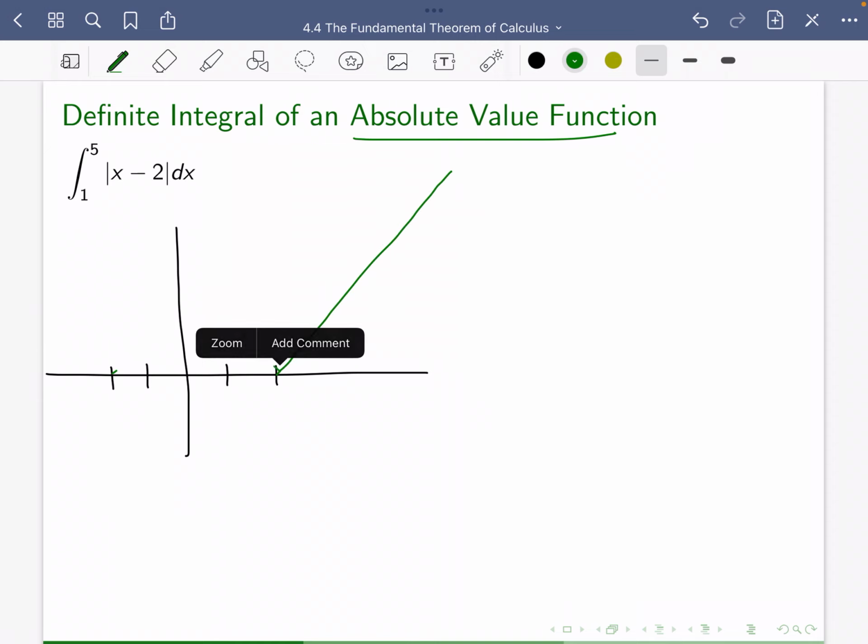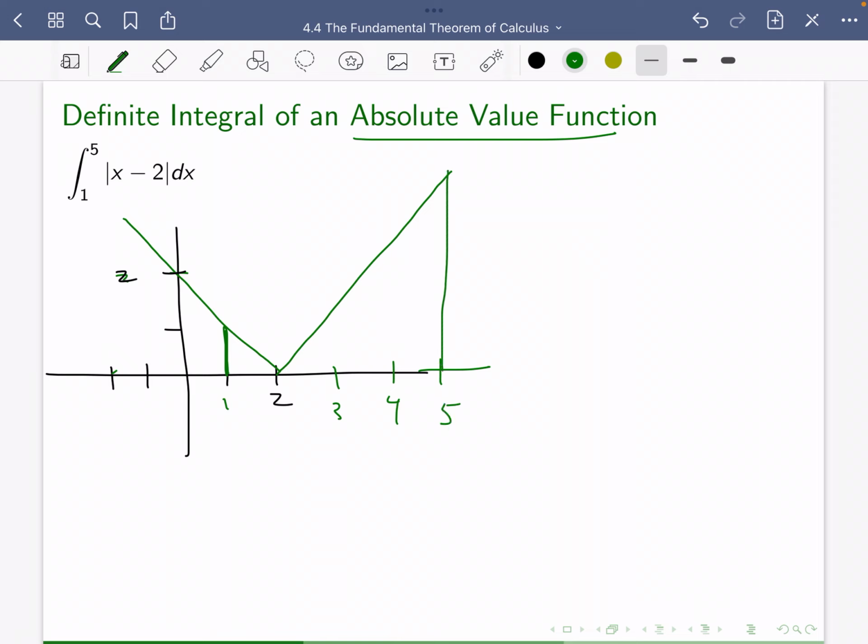So it looks something like this. Okay. And we only want the portion from 1 up to 3, 4, and 5. So we are looking for this right here.